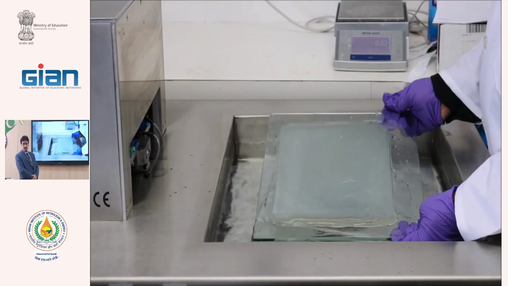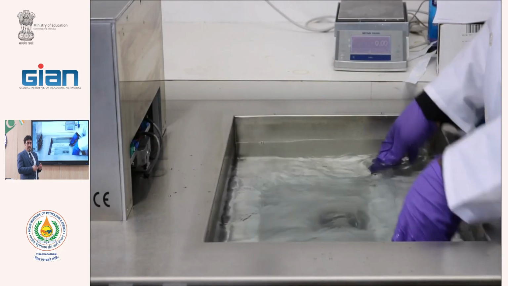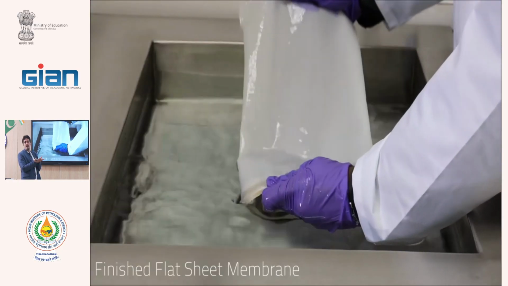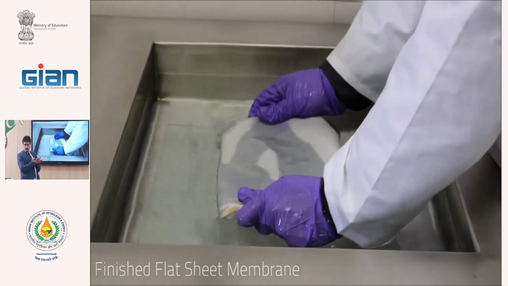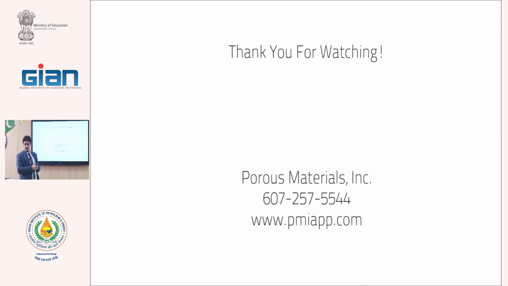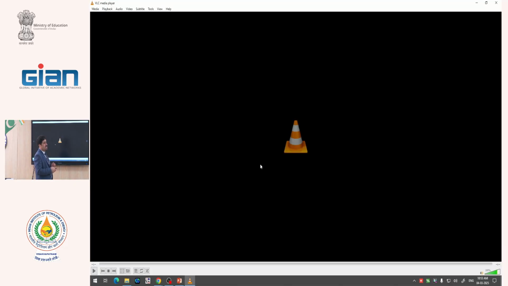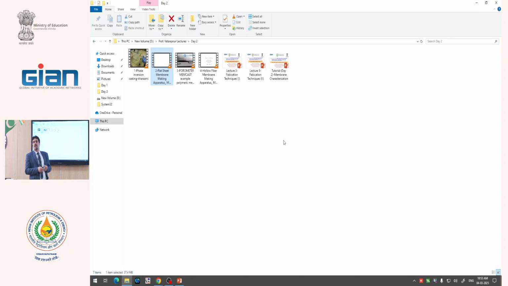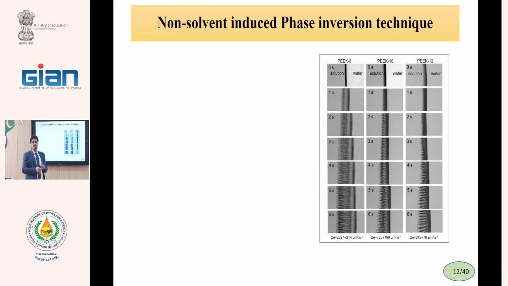In evaporation, after the casting, we do not use non-solvent and place the obtained films in contact with the weather or in an oven for evaporation of the solvent, okay? Evaporation phase inversion. In this evaporation, we have a non-porous membrane. EIPS, evaporation induced, is used for production of non-porous membranes.